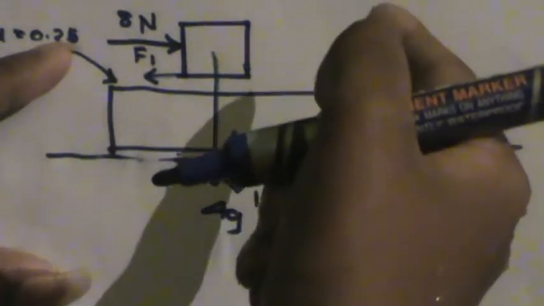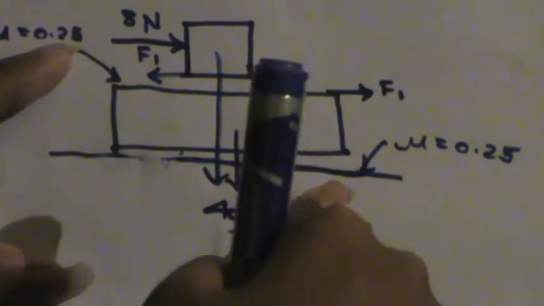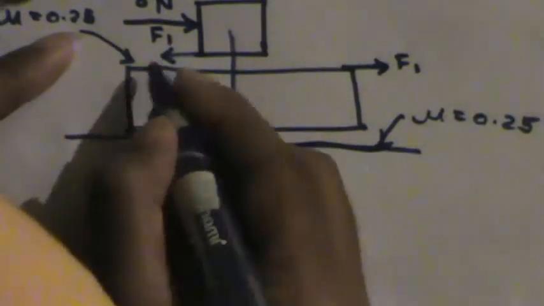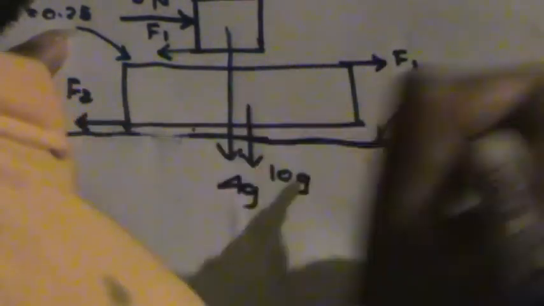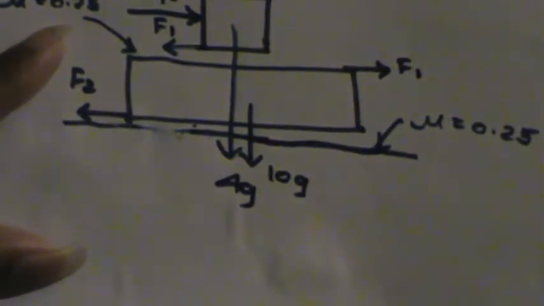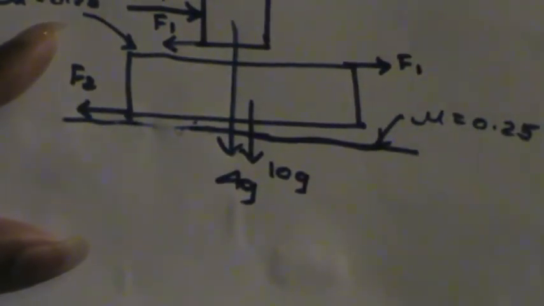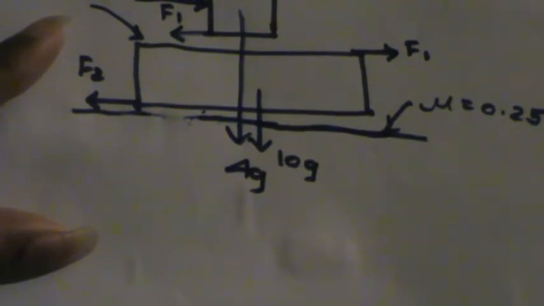So the plane will make a friction on this side, say F2. I will not mark that, it is not necessary actually. These are the forces that are acting on the object.